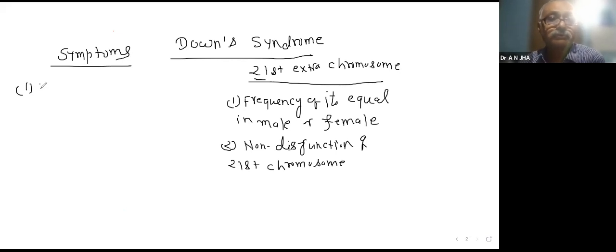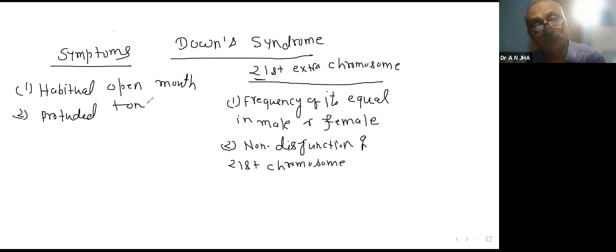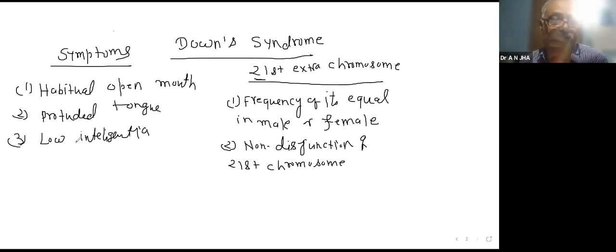Habitual open mouth, protruded tongue, always low intelligence. They can't read properly, their intelligence is very low.